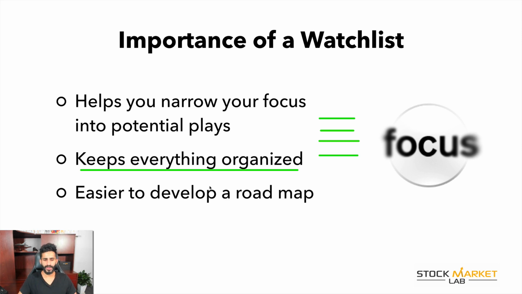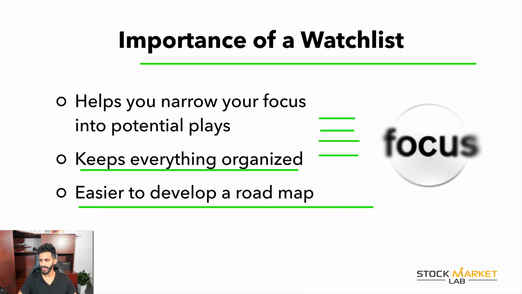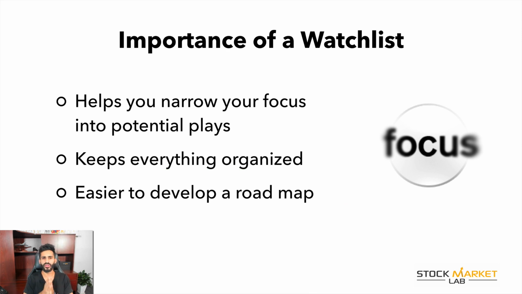Now, when you have a watch list, it's easier to develop a roadmap, meaning when you have a strategy, you can outline your strategy to focus on a certain set of stocks. My strategy, as I mentioned in the last few videos, is I am focusing on scalping and day trading options.